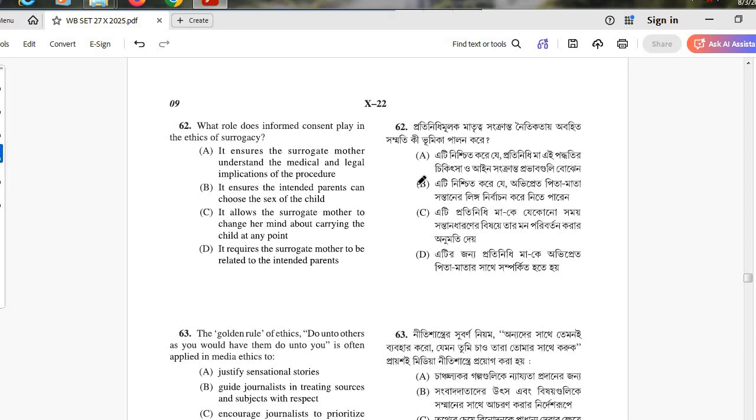And option C, it allows the surrogate mother to change her mind about carrying the child at any point. And option D, it requires the surrogate mother to be related to the intended parents. And question 62 official answer is option A.